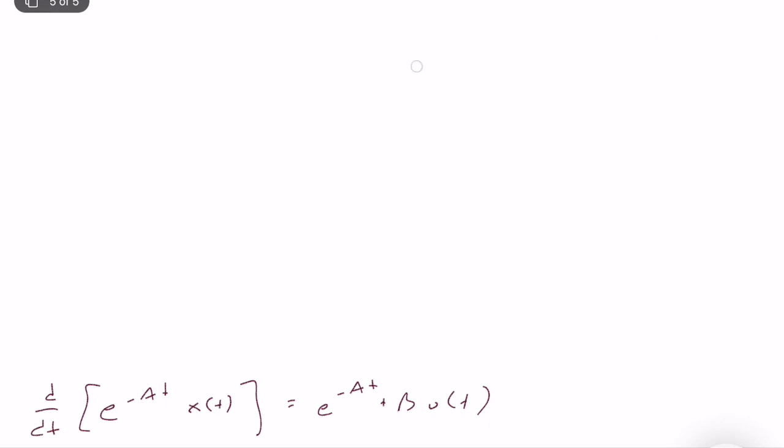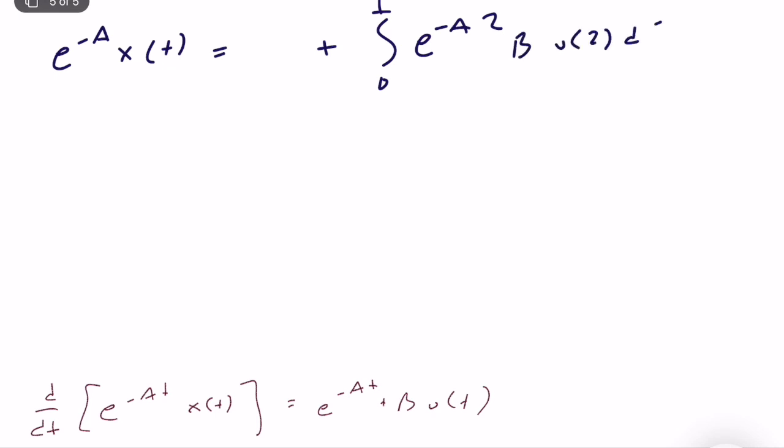So I can take the integral of both sides. If I take the integral of both sides, I obtain that e to the power minus at times x of t is equal to some initial condition plus the integral from 0 to t of e to the power minus a tau times b times u of tau d tau.